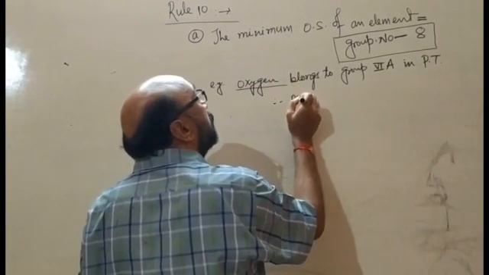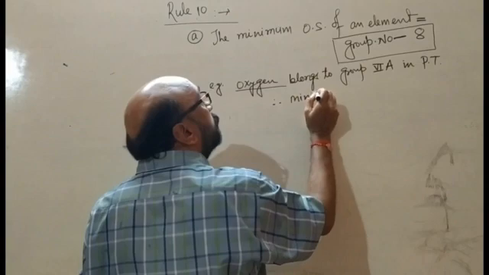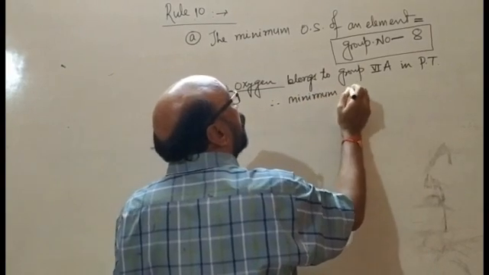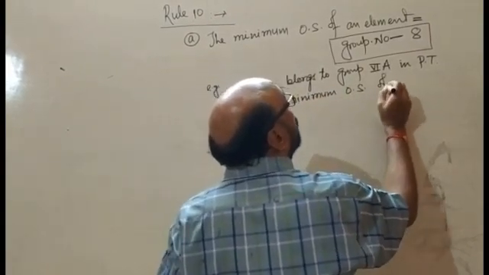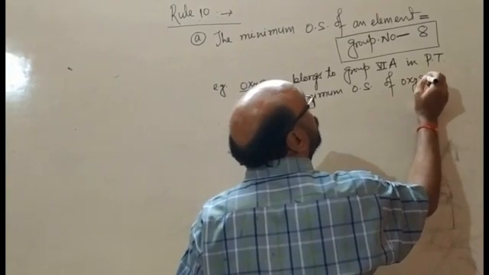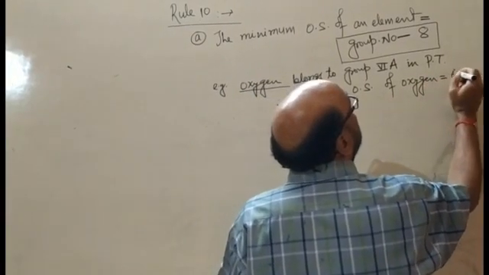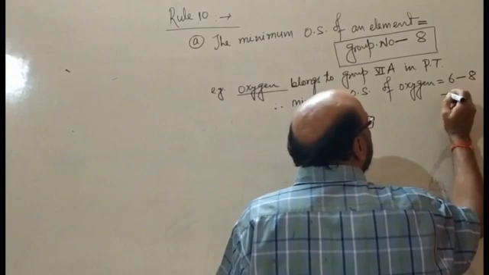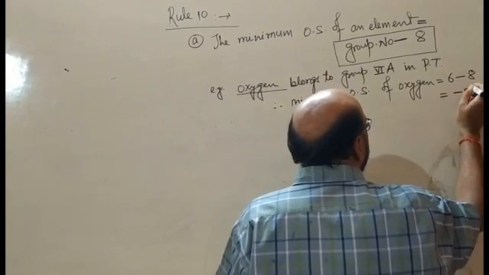Therefore, the minimum oxidation state of oxygen is equal to 6 minus 8, that is minus 2.